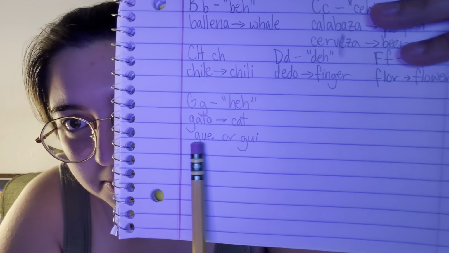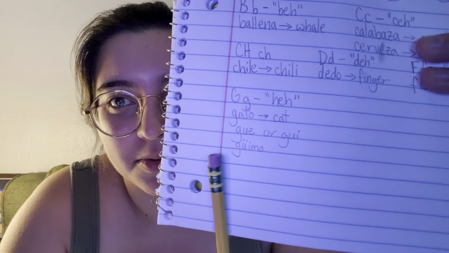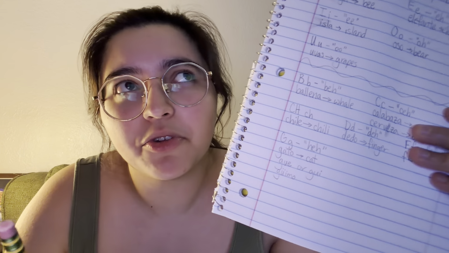So if you have it written out like this, it would be ge, and then this would be gi. Now, sometimes you'll see 2 dots over the U, and that means that you actually pronounce the U. So that's the exception there. So the word guimo, which is the word for like a hamster or gerbil.